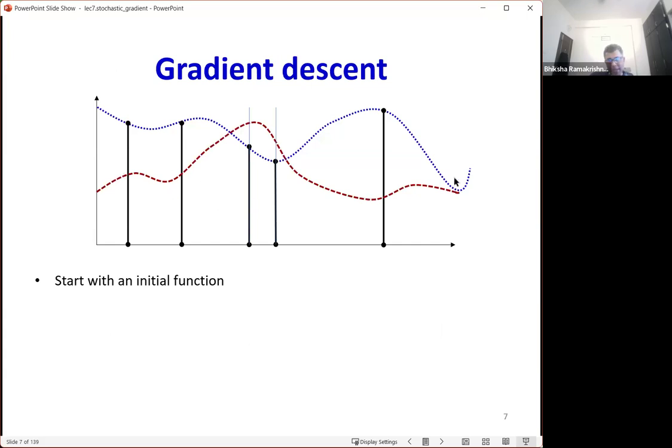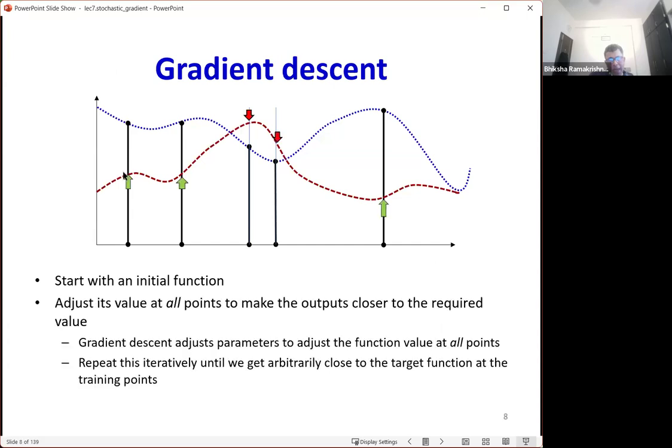And over the entire training set, this function is going to be wrong pretty much at every training point. So we aggregate gradients over the entire training set. And when we aggregate gradients over the entire training set, these gradients tell us exactly which way to move the function at each of the training points to better approximate the function that we want to estimate or model.